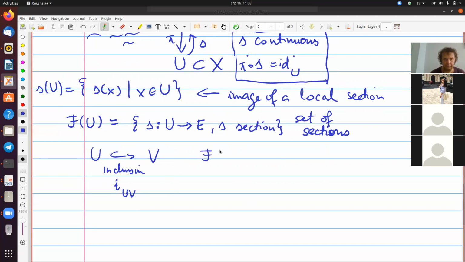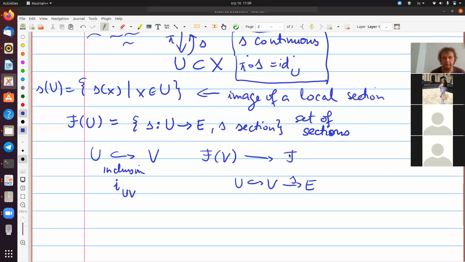Then if you take F of V, a restriction to a bigger set, every such section can be restricted to U. So you take simply U to V, and then you take a section to E. You can consider the section as having values in the whole étale space.